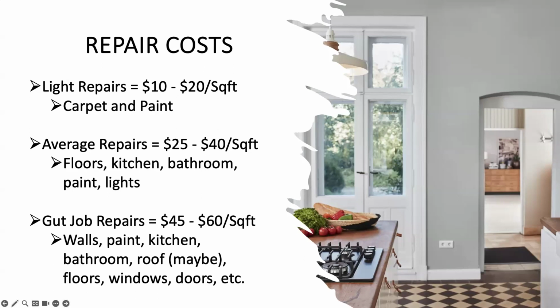So when it comes to repairs, if you're trying to do your own projects as a fix and flipper, it's always good to get 5 different numbers from general contractors so you can get a perspective. And once you start doing multiple projects in an area, you start to understand it. And if you start to wholesale in that area, you're going to get an understanding of roughly how much repairs are going to cost.